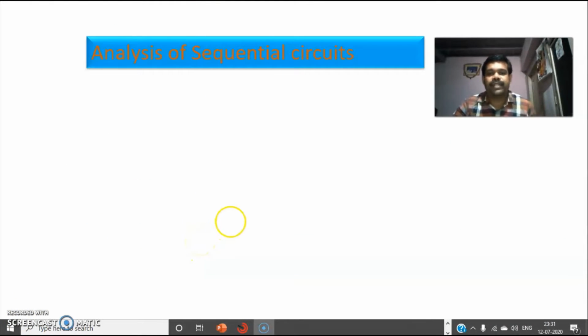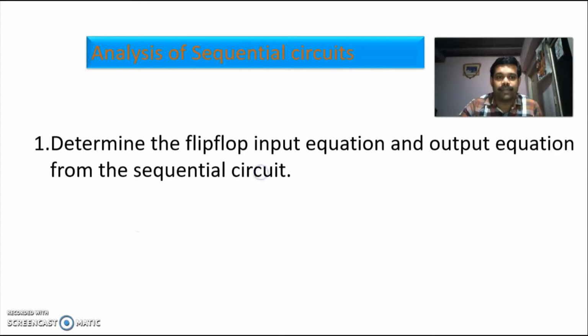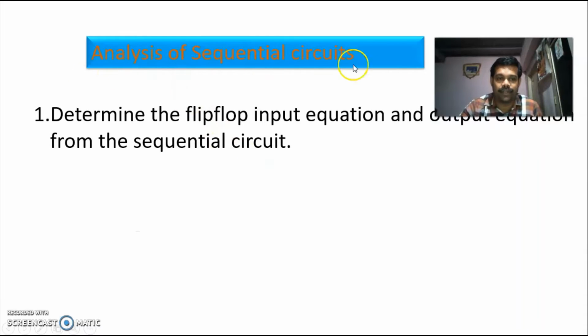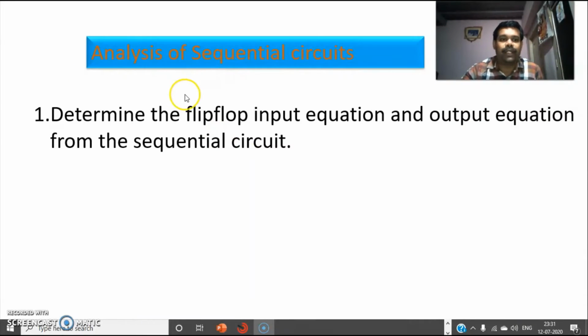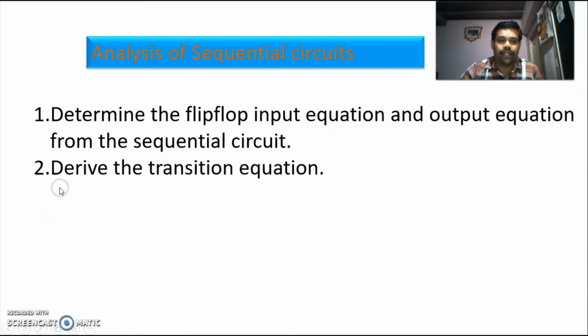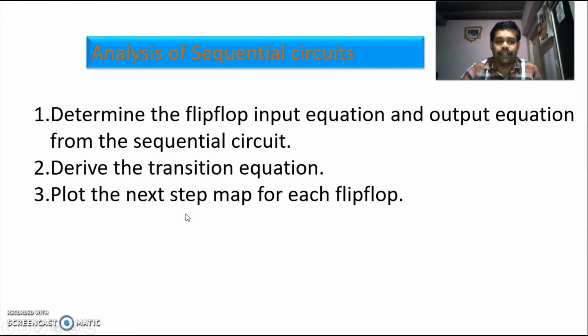We are going to see the analysis of sequential circuits. The steps for the analysis of a sequential circuit are: first we have to determine the flip-flop input equations and output equation from the given sequential circuit. Then we have to derive the transition equation.